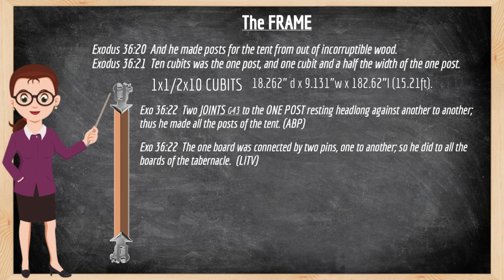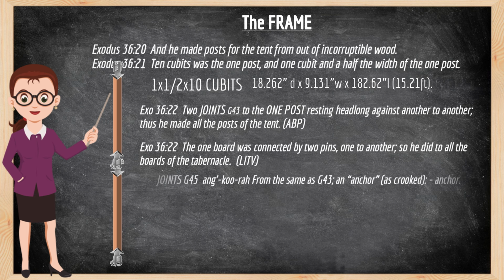So he did to all the boards of the tabernacle. So we're told that the 2 joints of one post resting headlong against another to another. So on either end, their heads. Thus he made all the posts of the tents to connect by 2 pins, one to the other.